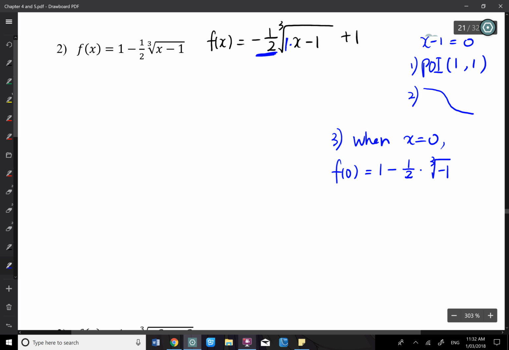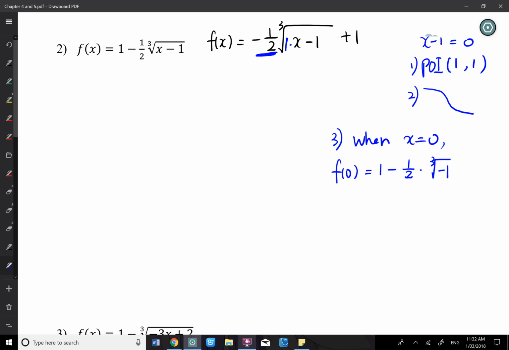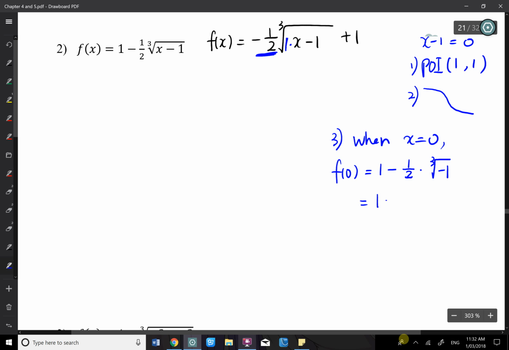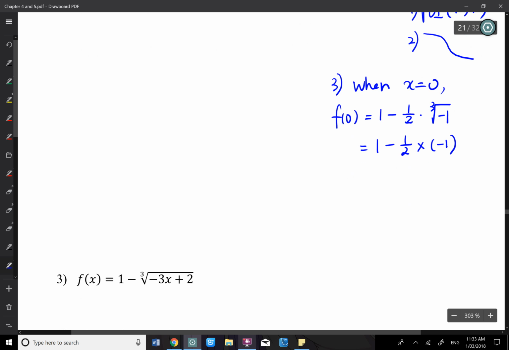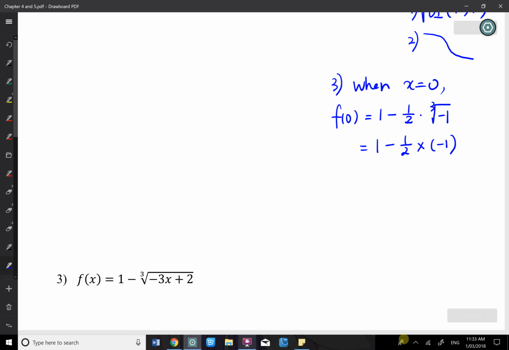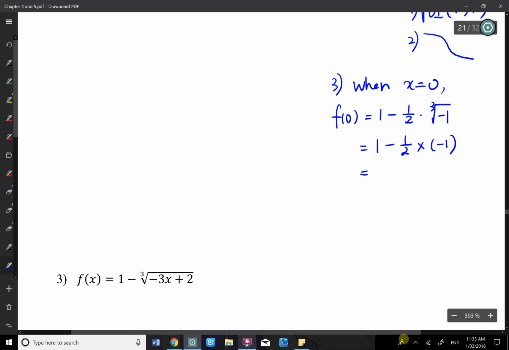When x is 0, the inside is negative 1, and the cube root of negative 1 is just negative 1. So that's 1 plus a half, which is 3 over 2. So (0, 3/2) will be the y-intercept.